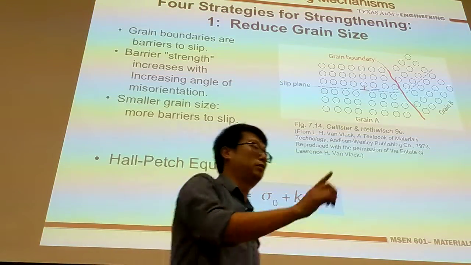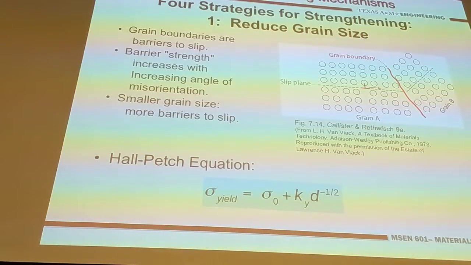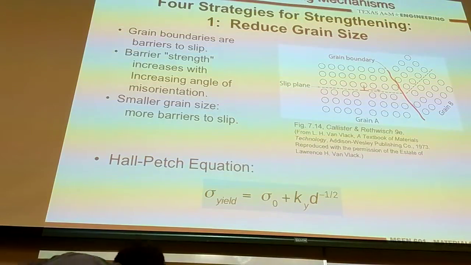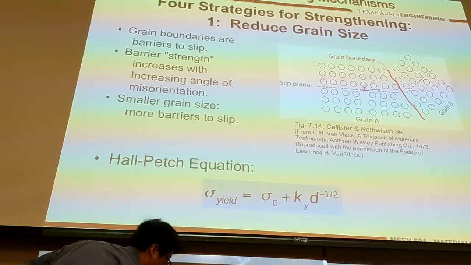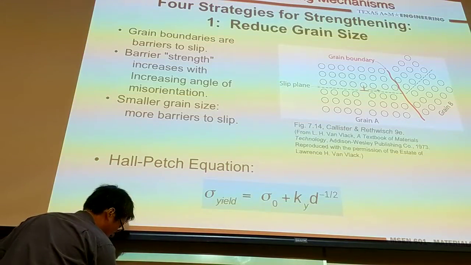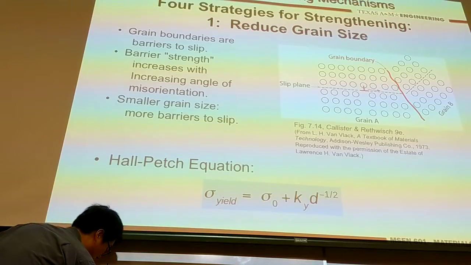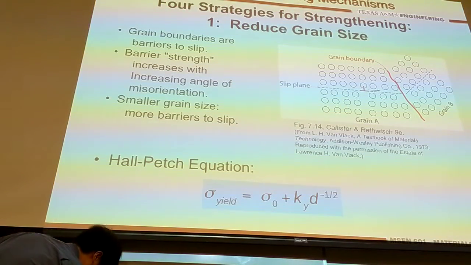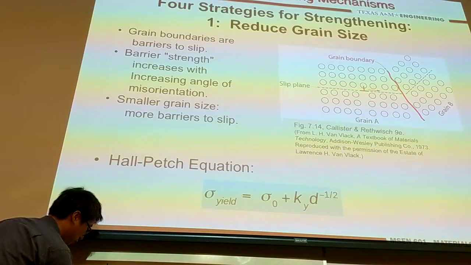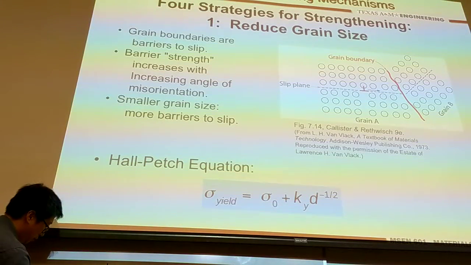So therefore, the yield stress will be something like this. If you have stress, strain, for a typical metal, and then break, you can determine the corresponding yield stress with the 0.002 offset. Sigma 1. Okay, in this case, let's say this is a single crystal. Single crystal meaning D goes to infinity.